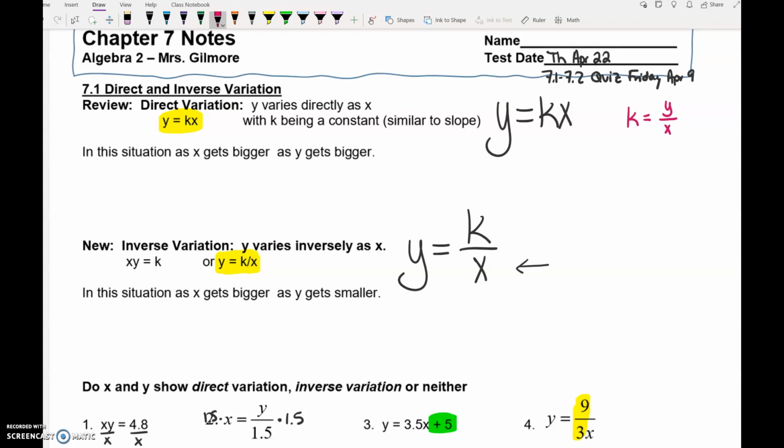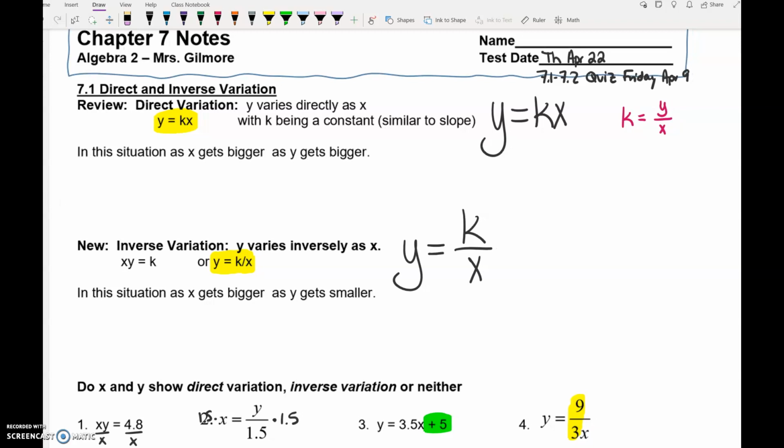This is where using your notes this year is going to be incredibly helpful, because in previous years, people had to memorize this, and I'll admit this is kind of weird to memorize. In inverse variation, if I want to get k by itself, I would multiply x on both sides. So k would equal x times y.